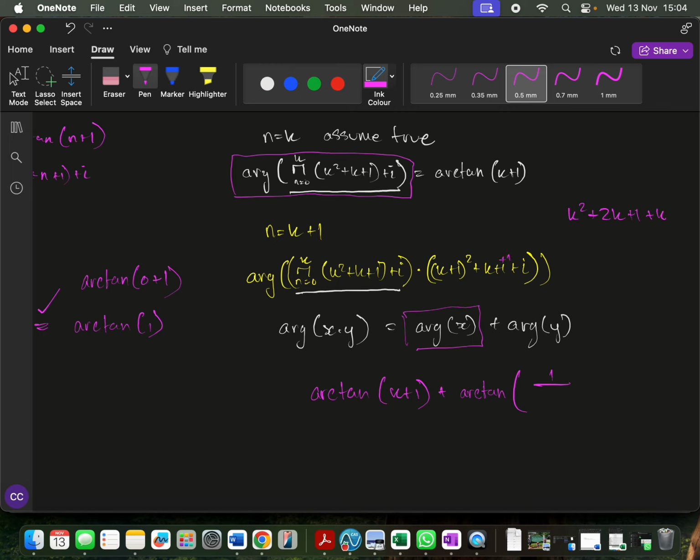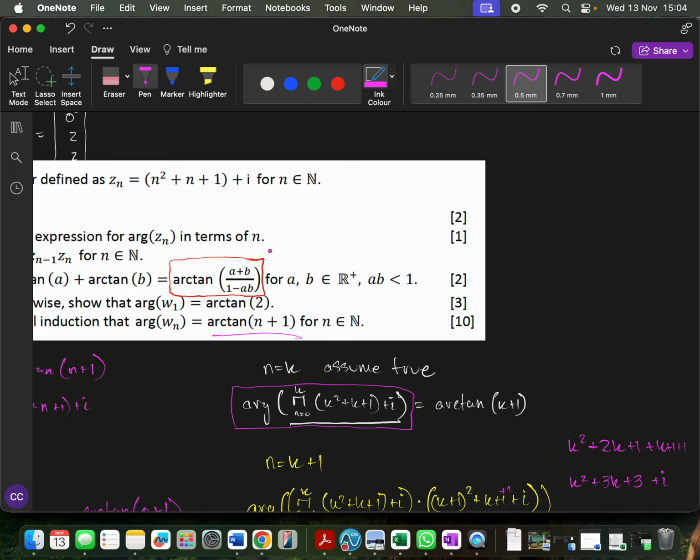I forgot when I did this to add my extra plus 1, plus k plus 1 plus 1, which will give me k squared plus 3k plus 3 plus i, right? So my i's already accounted for in the top there, but this turns into k squared plus 3k plus 3, and that gets me somewhere, and it's mostly because of this.